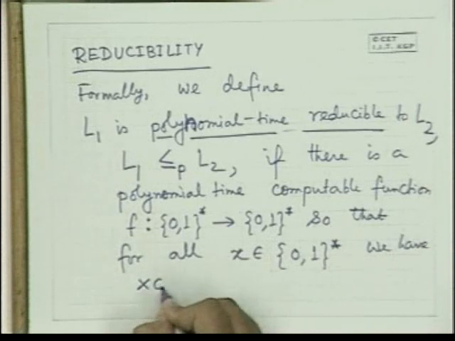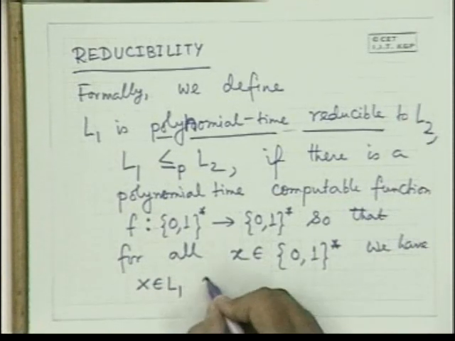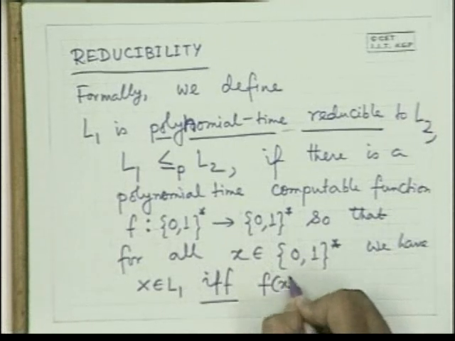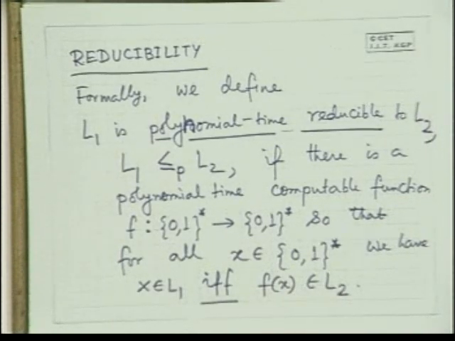If x belongs to L1, if and only if, this is very important, if and only if f of x belongs to L2. I told you that this is the transformation we are trying to get.